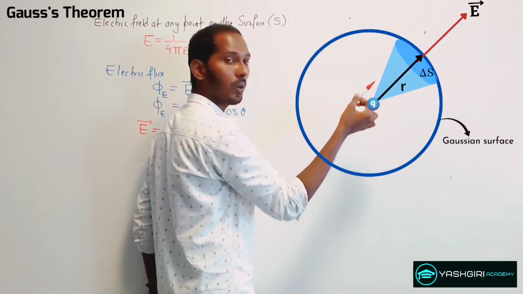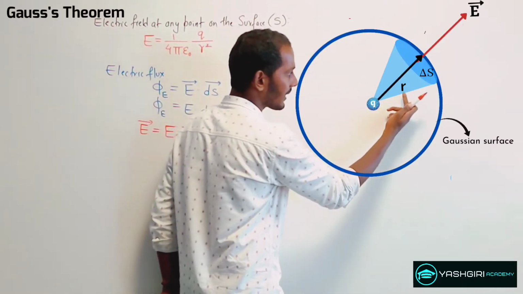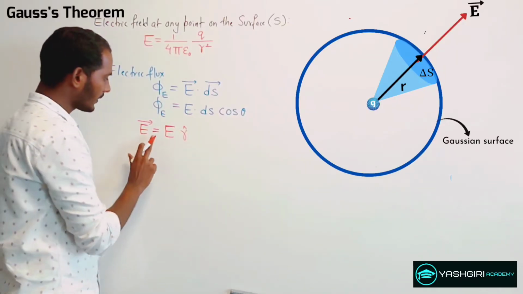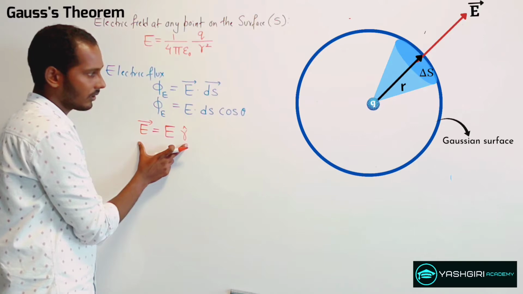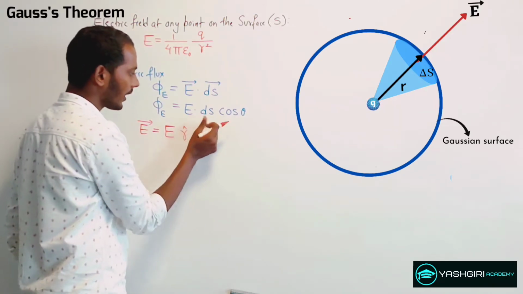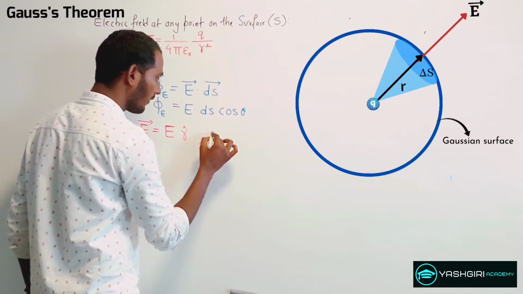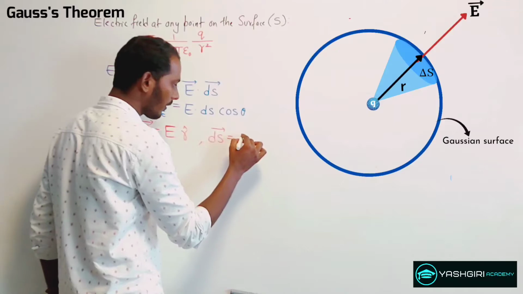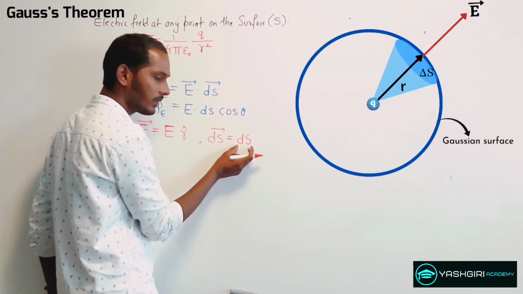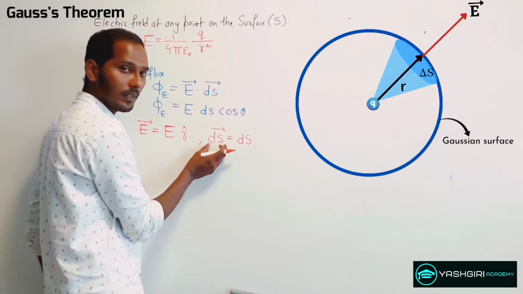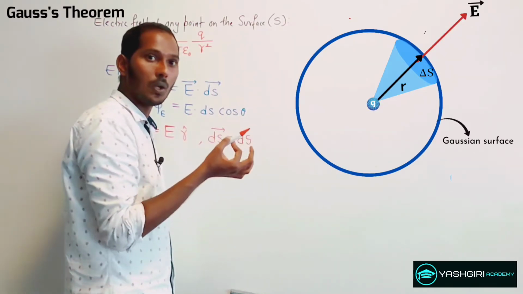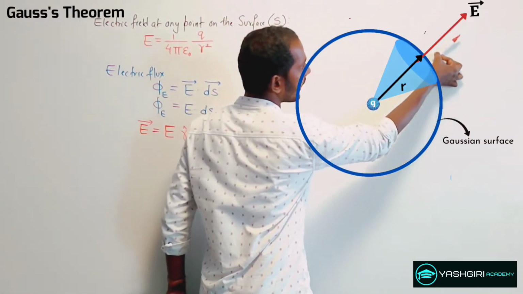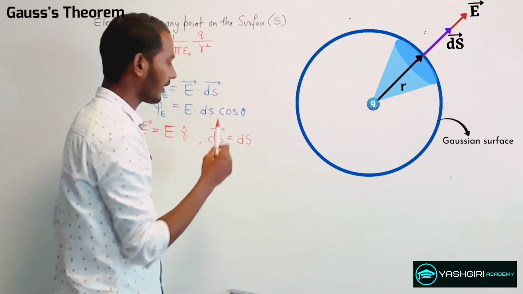If I want to show the direction of the electric field with respect to this r, I can put it as r cap, so that this is the vector form of my electric field. In the same way, for the vector form of ds, this gives the magnitude, a very small surface area, into the direction, which should always be normal to that planar surface area, and which is again pointing in the same direction as the electric field.